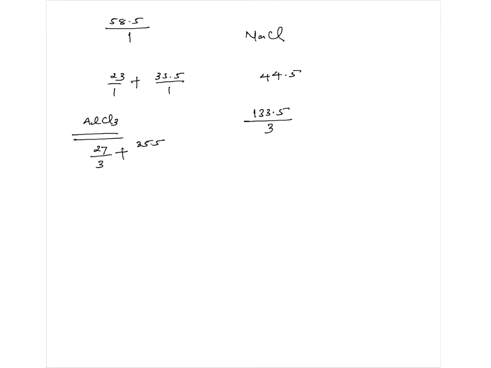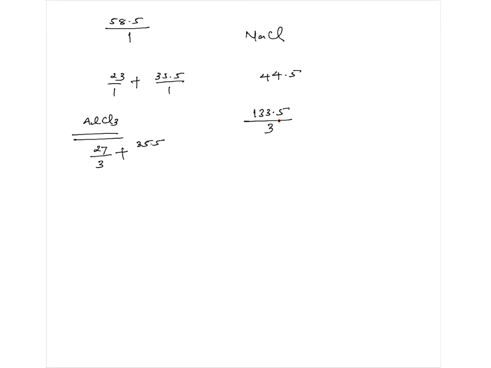Another example, AlCl3. That was NaCl, AlCl3 is this. Its mass is 35.5 into 3 plus aluminum 27, 133.5.